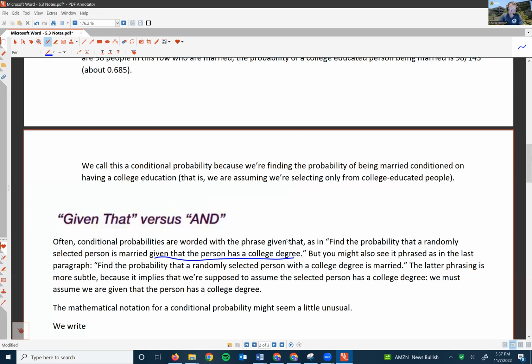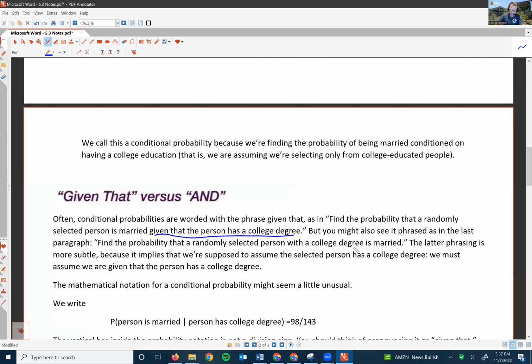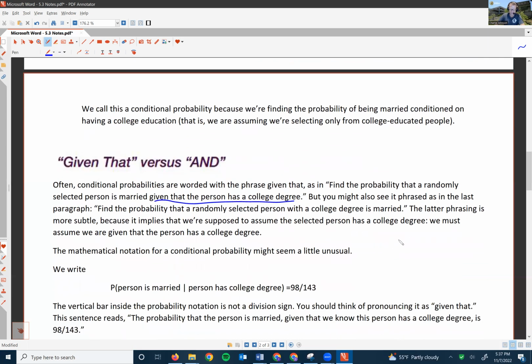And the mathematical notation for conditional probability is a little unusual at first, hard to get used to, but after you see it a couple of times, you'll start to get used to it.